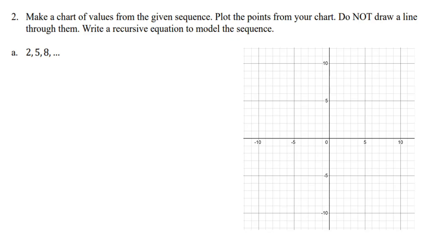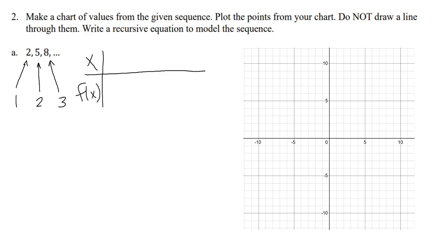So for this next one, I'm giving you a sequence and telling you that this is an arithmetic sequence. First, we're going to make a chart of values. So our first value is 2, our second value is 5, and our third value is 8. So when we make our chart, x, and this time we'll use f of x, it doesn't really matter.